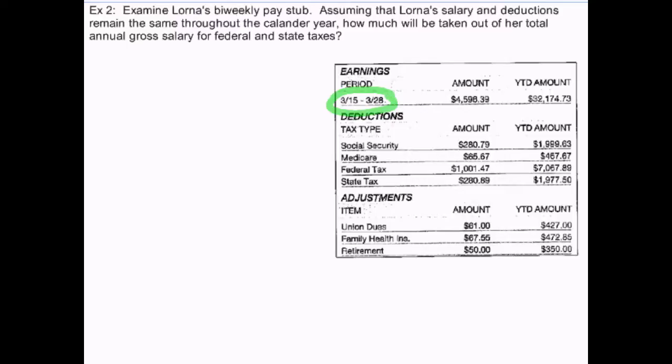So we have to figure out how many of these are there in a year. Okay. So you have bi-weekly, or you have semi-monthly.